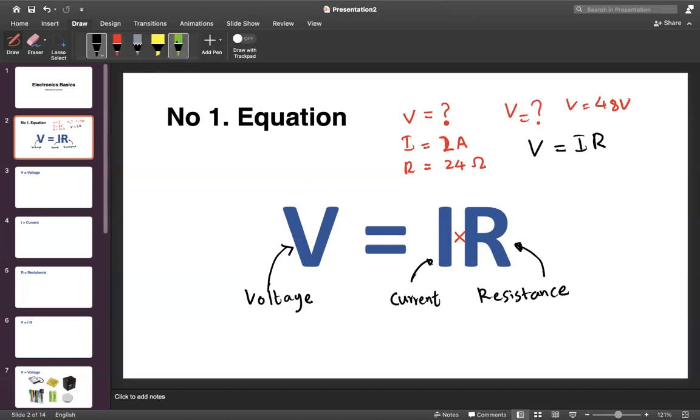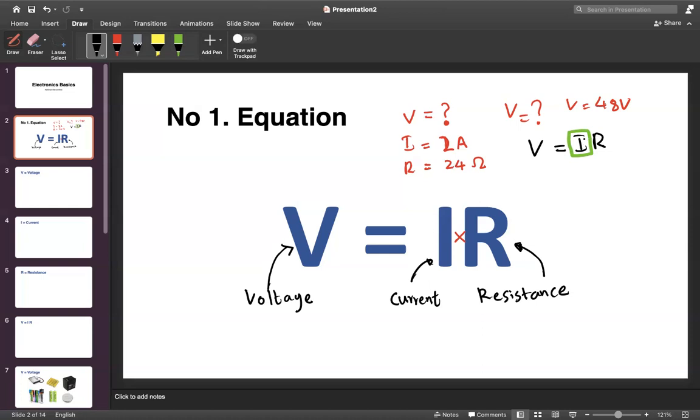Clear? Right. So let me say that you need to find the current. In this equation, V is equal to I multiplied by R, which means voltage is equal to current multiplied by resistance.